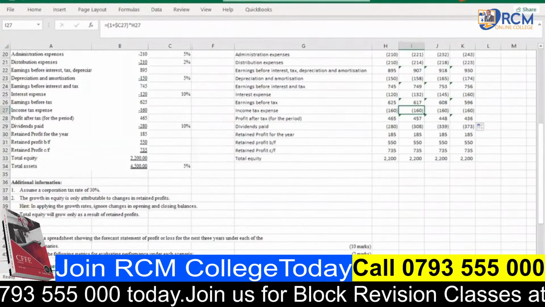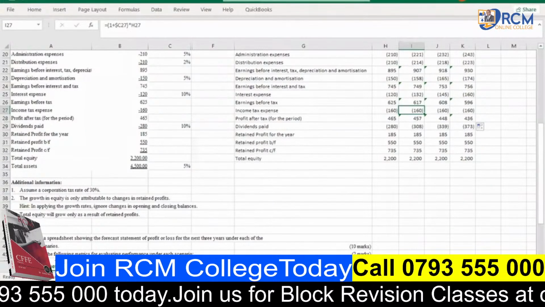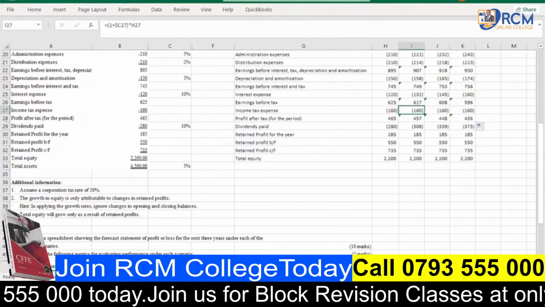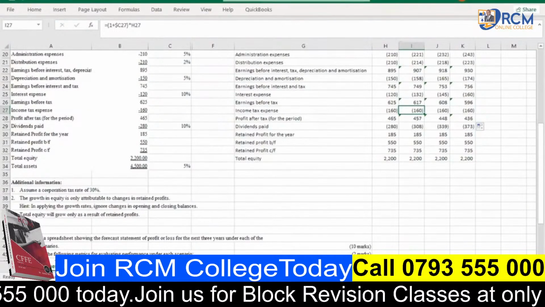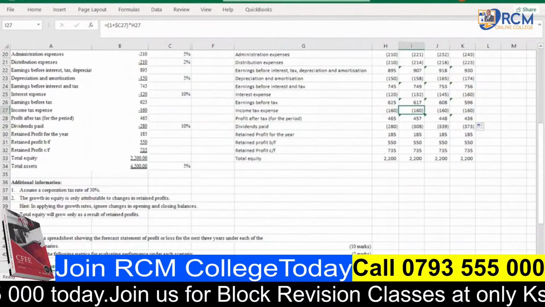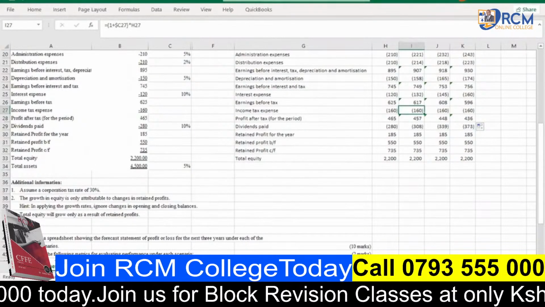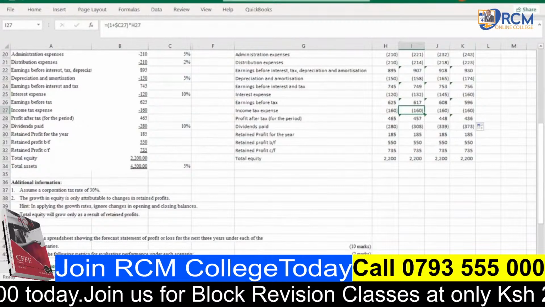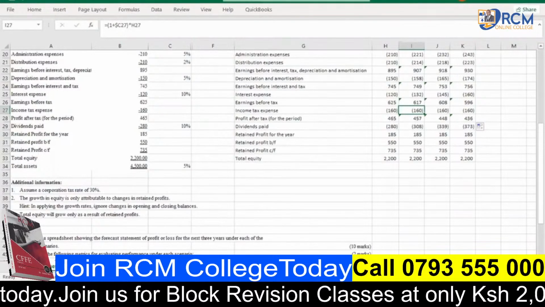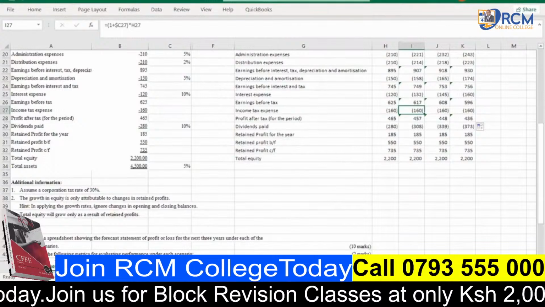Income tax expense is given and there is no increase, so it is assumed constant. That is for 2023. Taxes is not increasing, but it is constant. Yes, the rate is constant, but the values will be different because remember it is 30% of something.